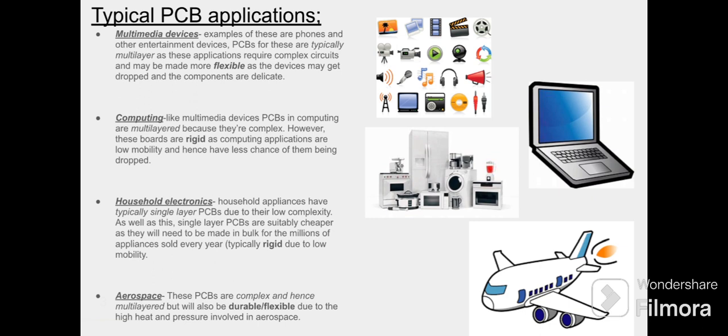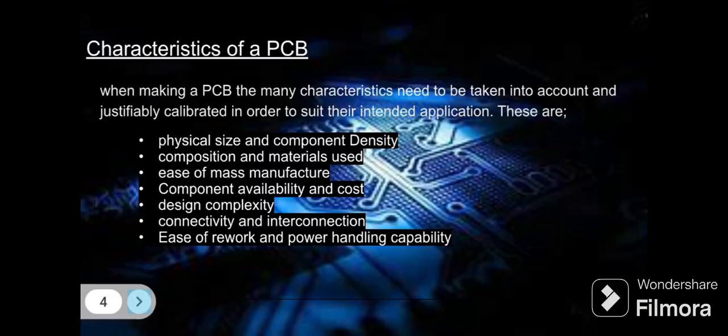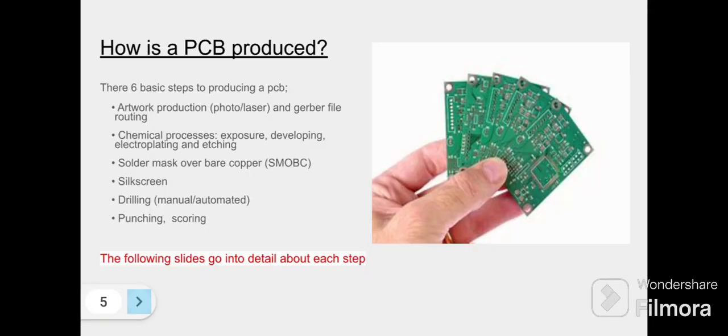And whether or not these boards are multi-layered just depends on the complexity of the application. Now, when making a PCB, many characteristics need to be taken into account and justifiably calibrated, so physical size and component density, composition, ease of mass manufacture, component availability, and so on.